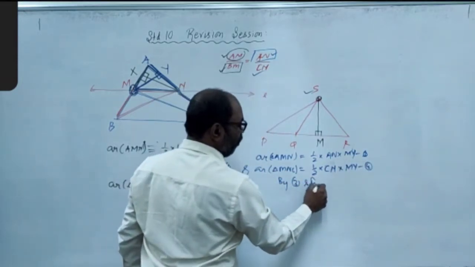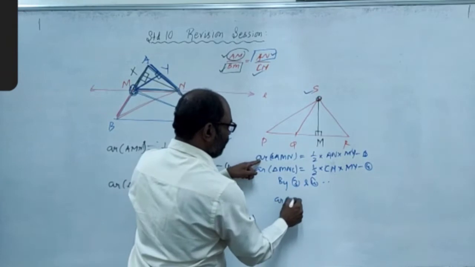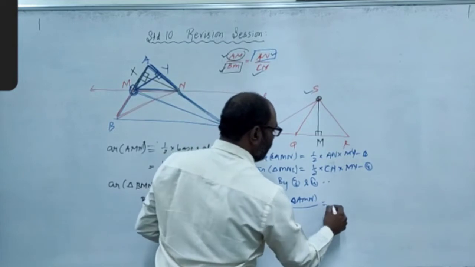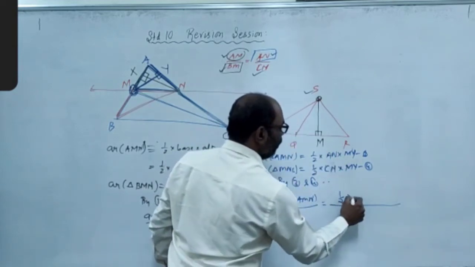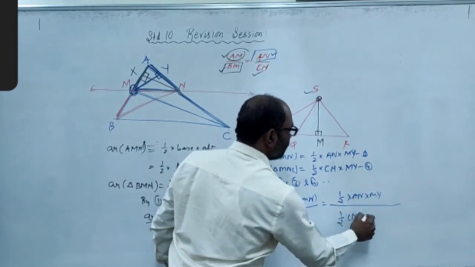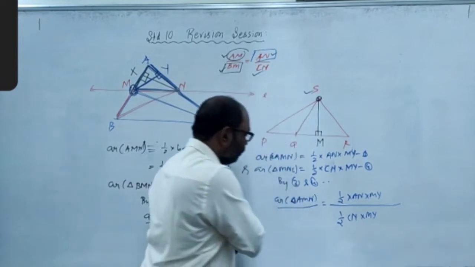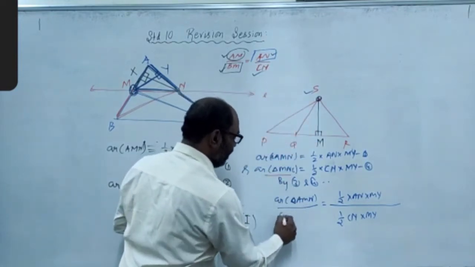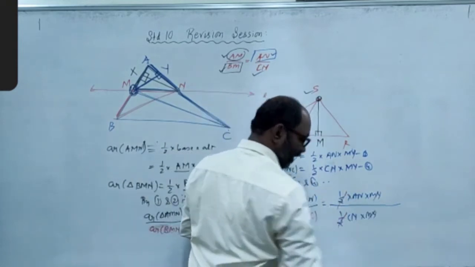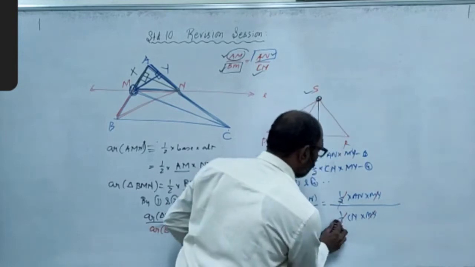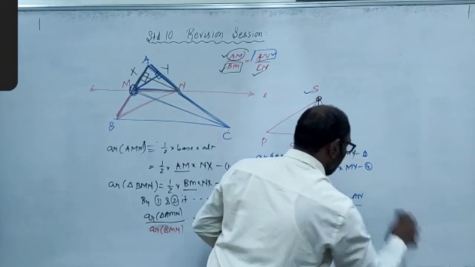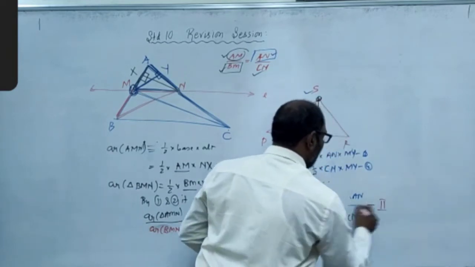By 3 and 4, it follows that area of triangle AMN upon area of triangle MNC is equal to half into AN into MY, and below half into CN into MY. Half cancels, MY cancels. So you are left with what? AN upon CN. Correct. That is result number second.